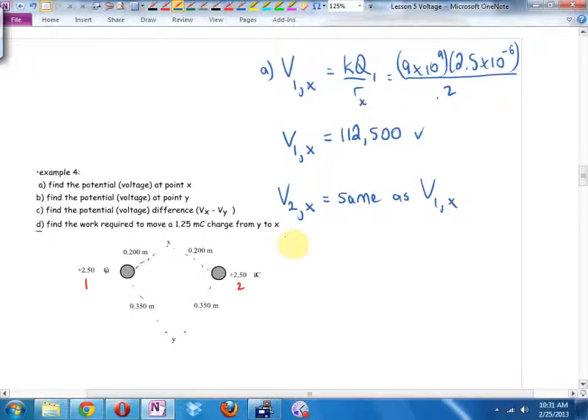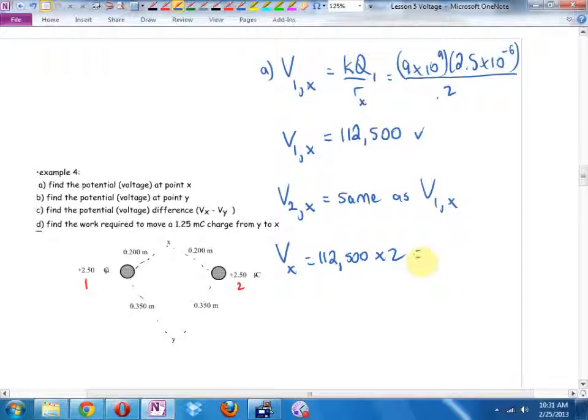So I think the voltage at location X is going to be 112,500 times 2, right? Which is? Times 2 on your calculator with your current answer. You realize you could have just gone times 2 on your calculator with your current answer instead of retyping it?